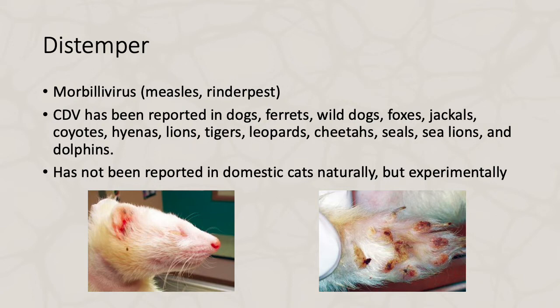This has not been reported in domestic cats naturally, but it has been shown that it can be experimentally induced in cats. And they've actually shown that there can be canine distemper viral replication with pronounced lymphopenia in the cat, but they don't display any signs.